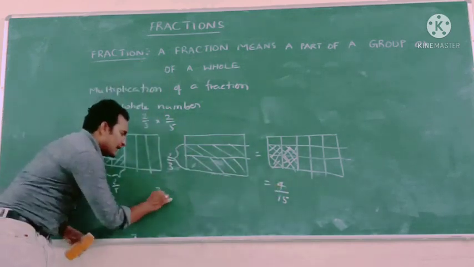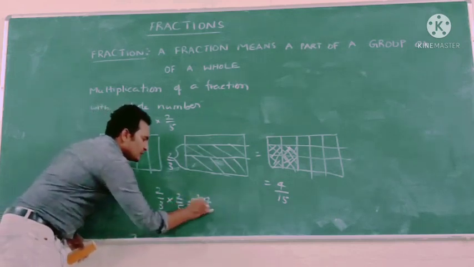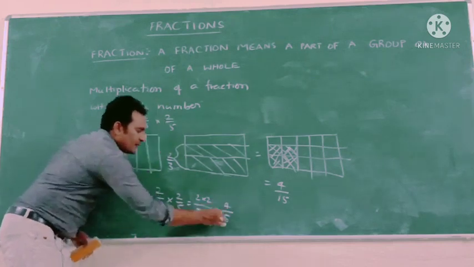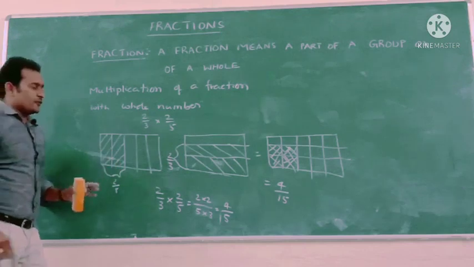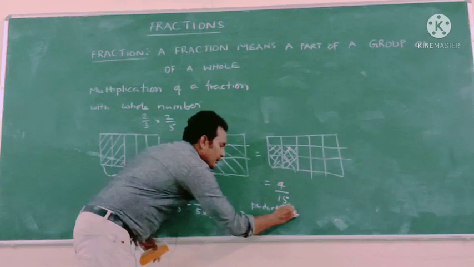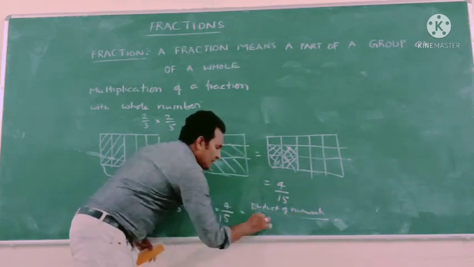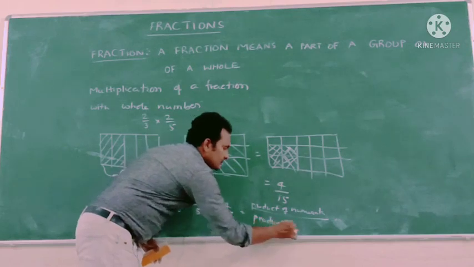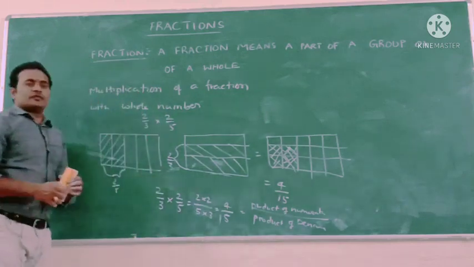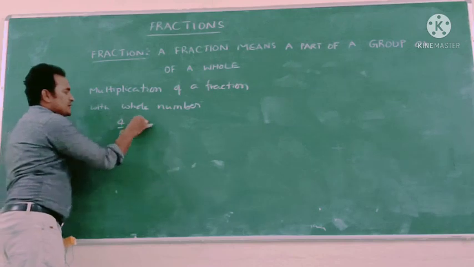So if you multiply in this way, 2 by 3 into 2 by 5, that is 2 into 2 by 5 into 3, that equals 4 by 15. So product of numerators by product of denominators. I would like to give you some more examples. Suppose 4 by 5 into 6 by 20.